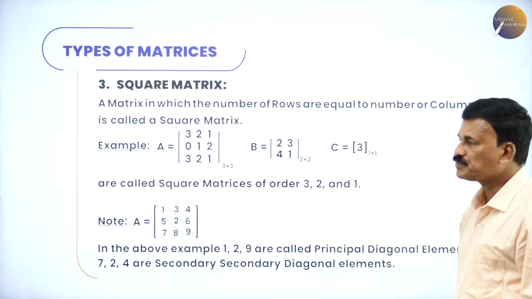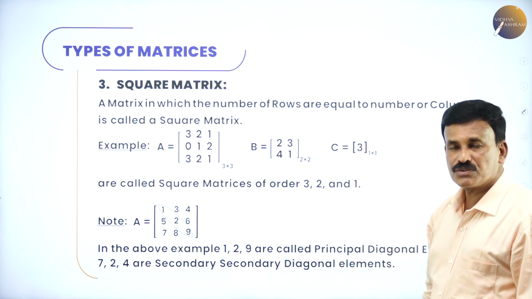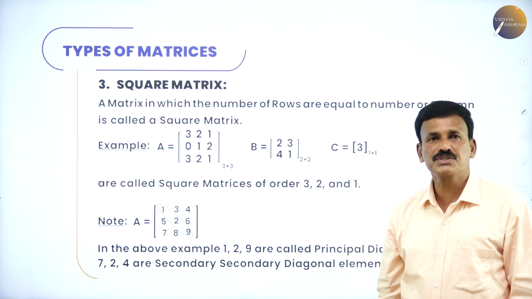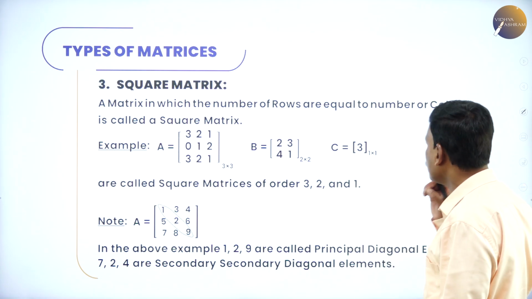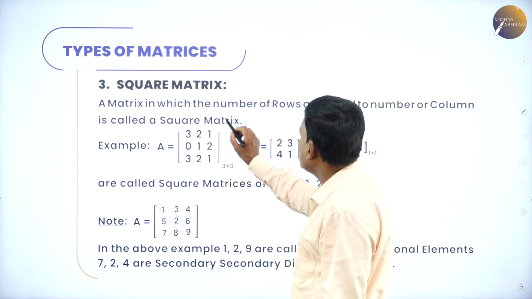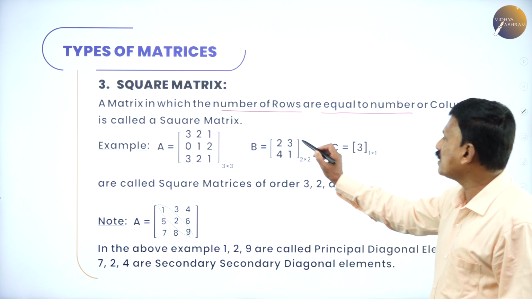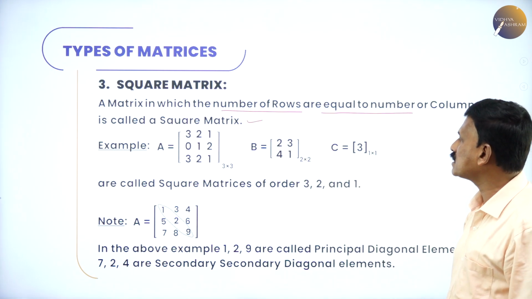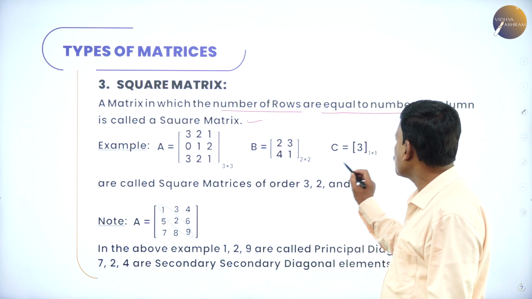Now, the third one is the square matrix. Square means equal. A matrix in which the number of rows is equal to the number of columns is called a square matrix. Usually we see square matrices of order 3 cross 3, 2 cross 2 and 1 cross 1.